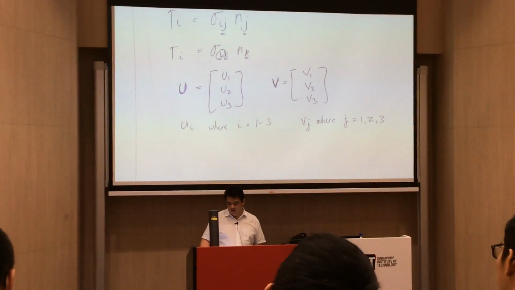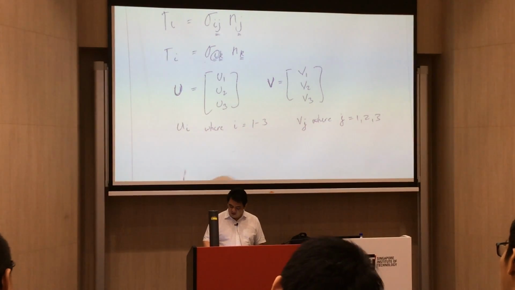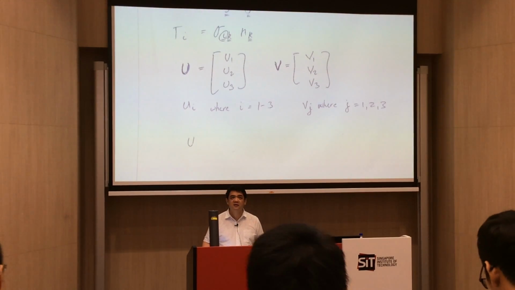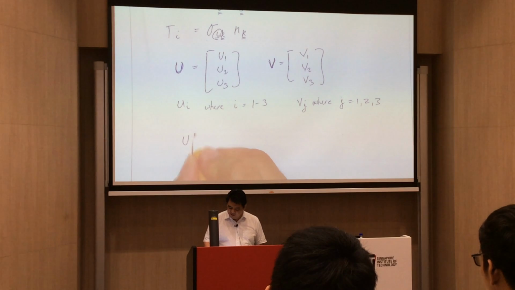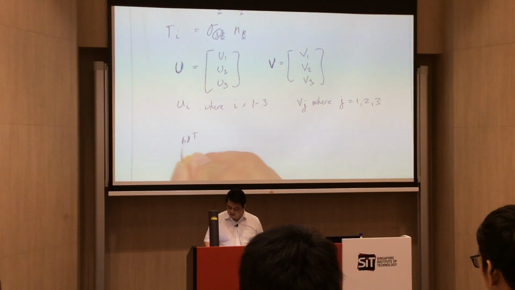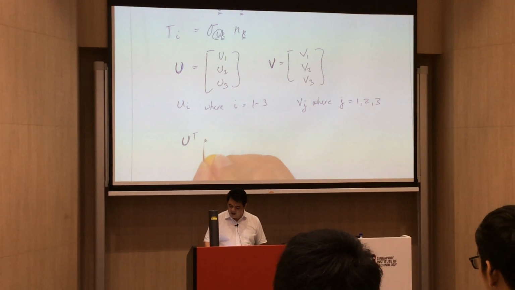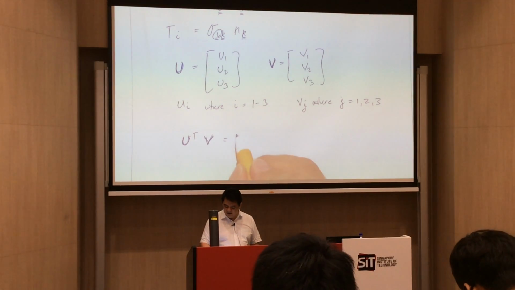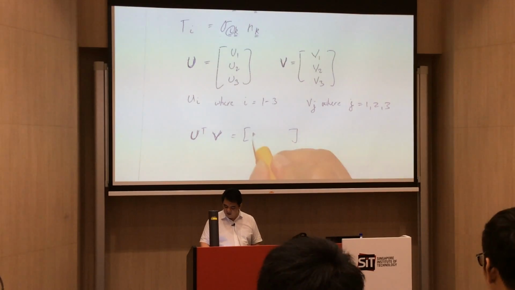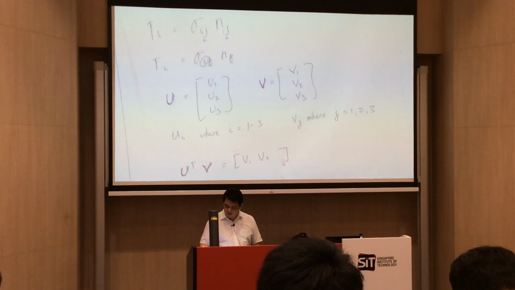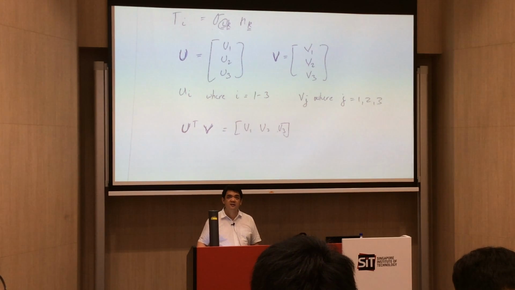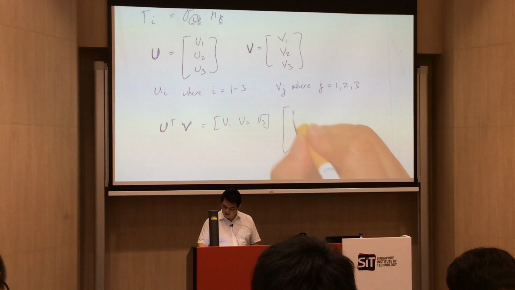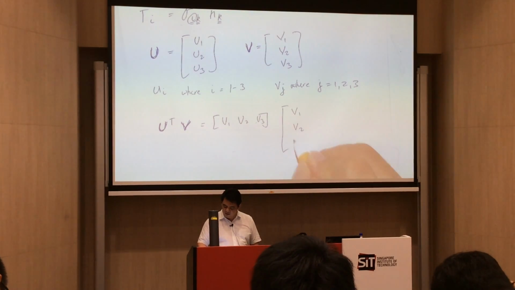If you're going to multiply, you're looking at U transpose multiplied by V. So this U transpose is going to be U1, U2, U3, and that will be V1, V2, V3.